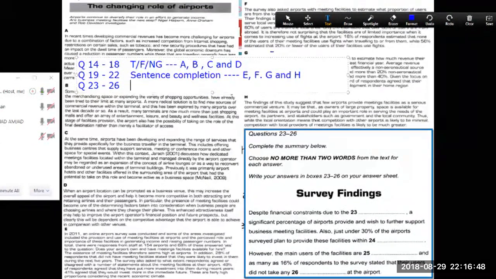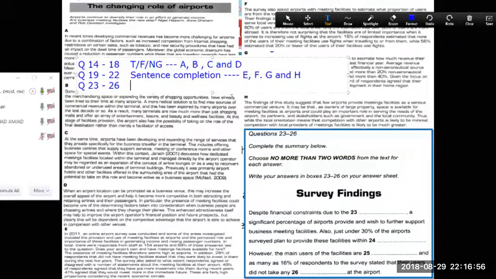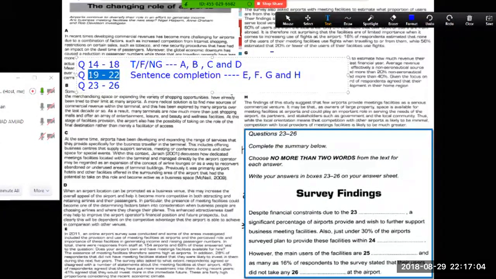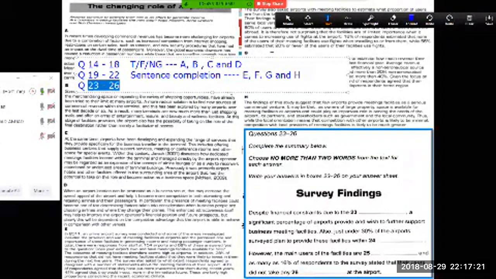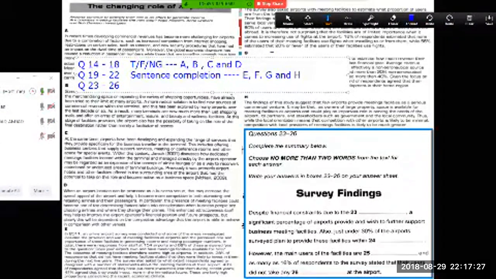When I say set of questions, it means true, false, not given is a set of questions, like question number 14 to 18. 19 to 22, this is a set of questions. 23 to 26, this is a set. So where does this set of questions come within one section? Is it in the beginning of the section? Is it in the middle of the section? Or is it towards the end of the section? This is also very important.